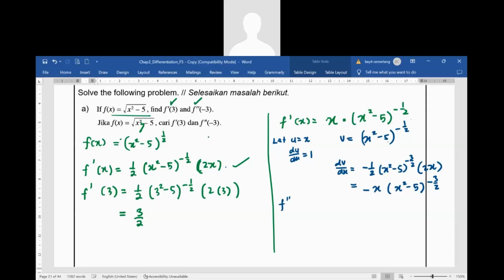So the expression will be x multiplied by negative x multiplied by x square minus 5 power negative 3 over 2, plus x square minus 5 power negative half multiply by 1. The 1 is not important.